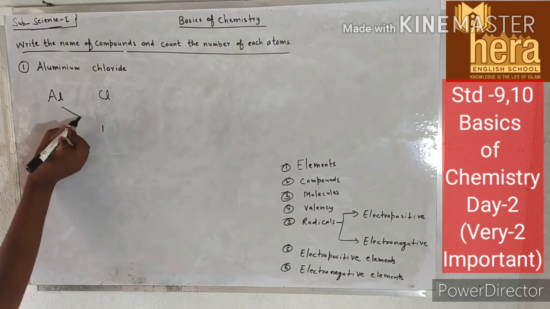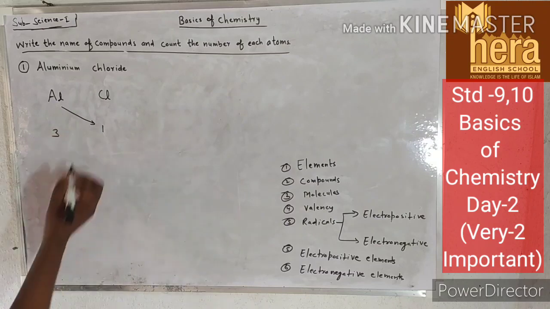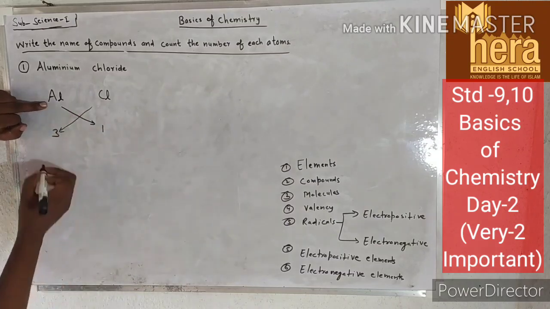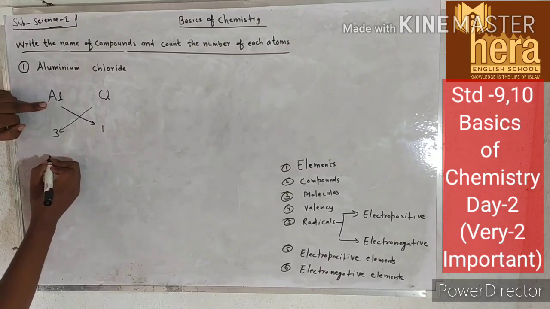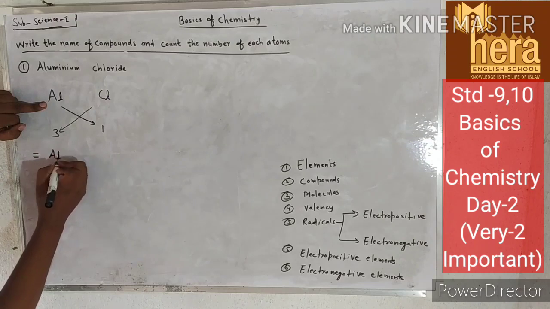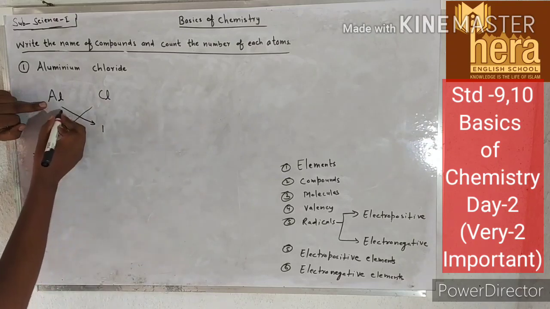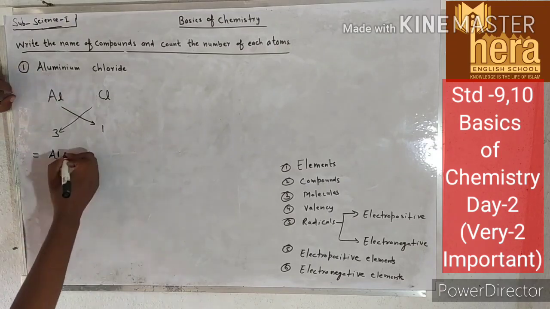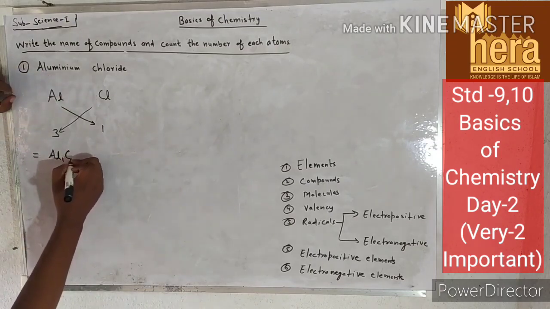What you have to do? Cross multiplication. See, this will be equal to Al1, then write Cl3, capital C, small l.